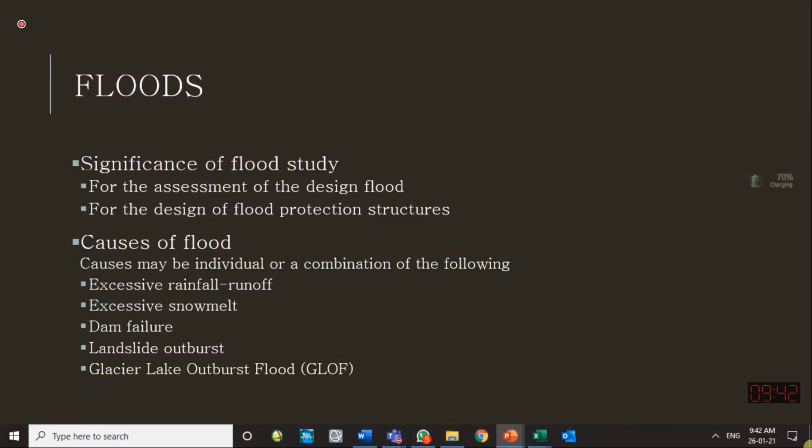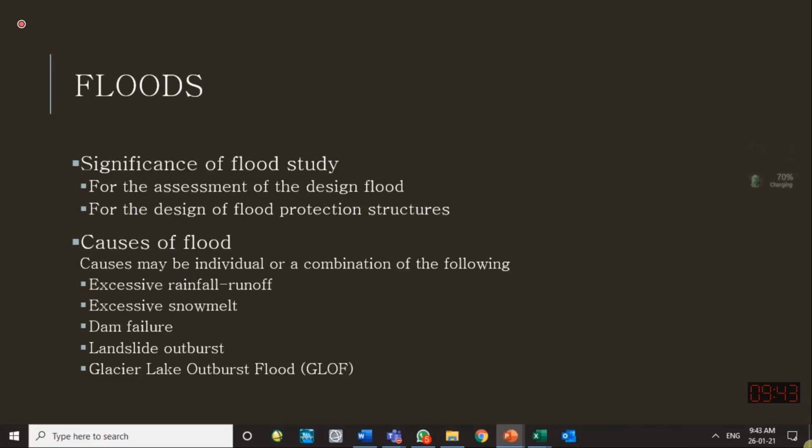Sometimes we select design flood based upon the return period of the event, return period of the phenomena, and sometimes we calculate it based upon the probable maximum possible in that area. Similar is in earthquake analysis and building analysis. Sometimes they select the earthquake of a certain return period, and sometimes they select the maximum probable earthquake possible or maximum probable acceleration in this place.